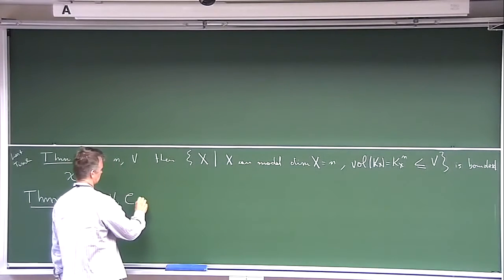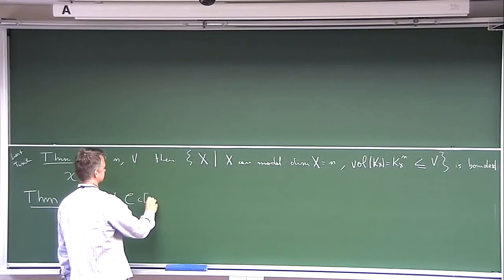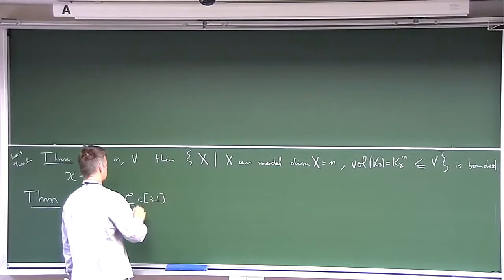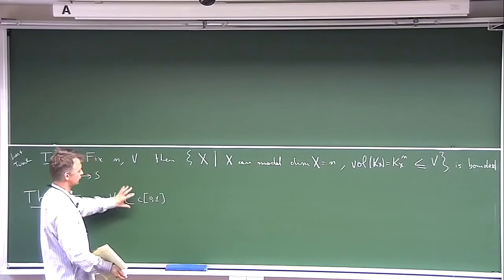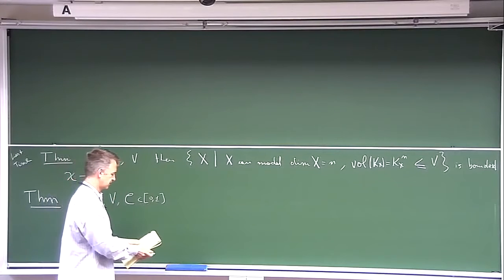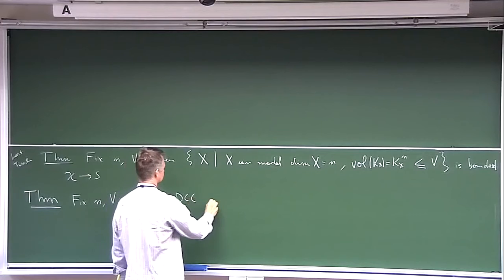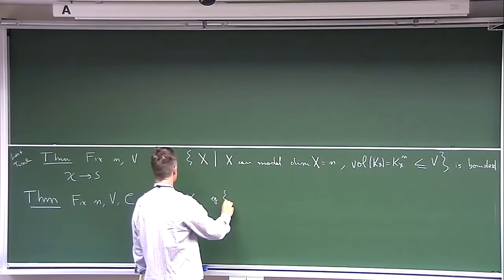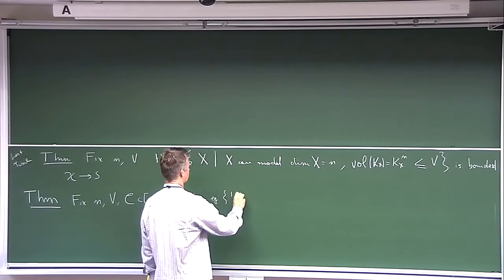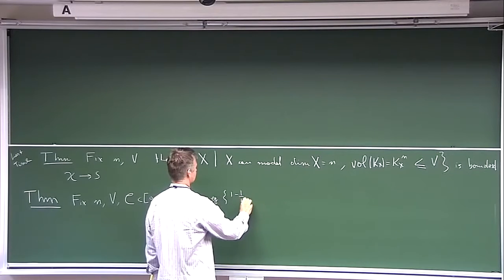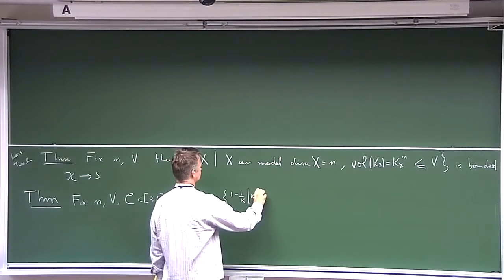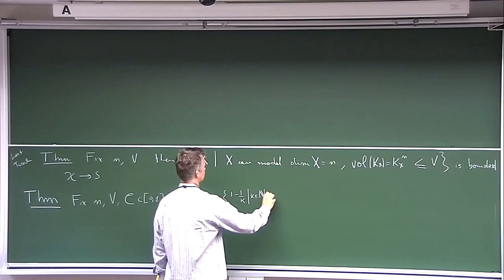This typically will be a set of rational numbers between 0 and 1. For technical reasons, at a certain point you also want to think about real numbers between 0 and 1 which satisfy the descending chain condition. So your typical set is a set of the form 1 minus 1 over k, where k is any integer, possibly infinity.